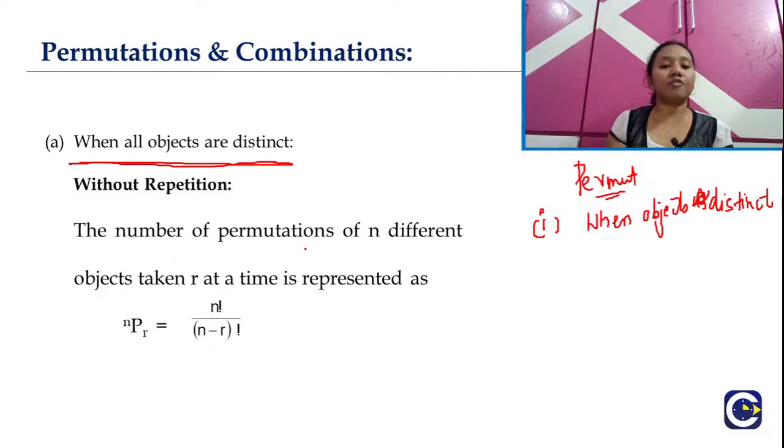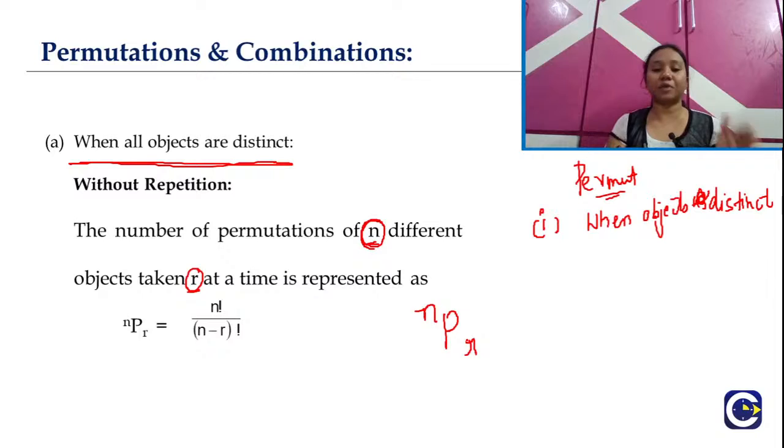Right, so here the number of permutations of n different objects taken r at a time. So here we have n total different objects and only r of them are taken at a time. The total number of permutations here is equal to nPr, and the expansion of this nPr will be equal to n factorial by (n minus r) factorial.